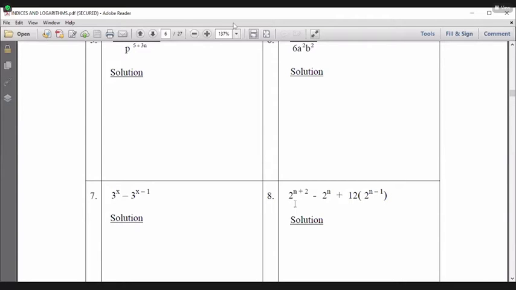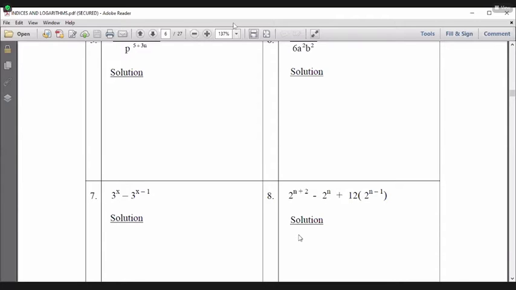We know that 2 raised to power n plus 2 minus 2 raised to power n plus 12 into n minus 1.